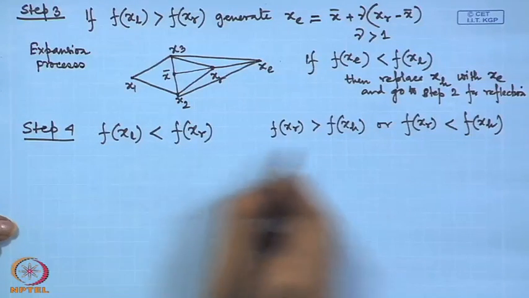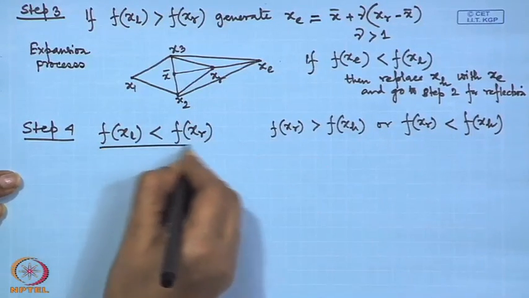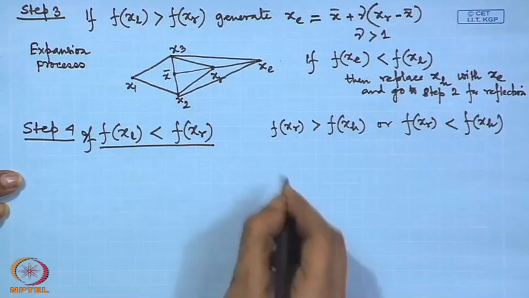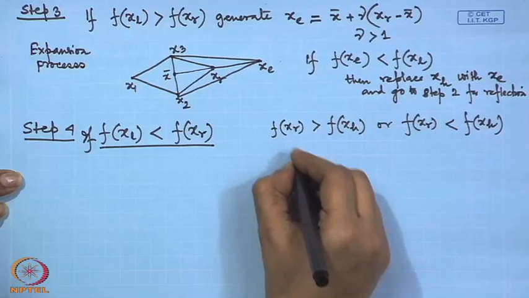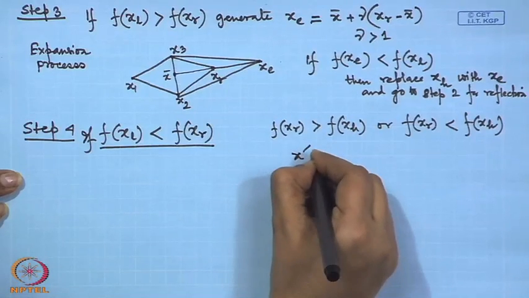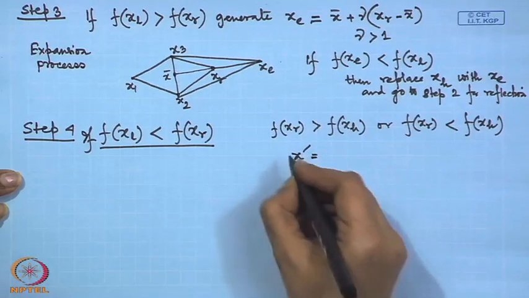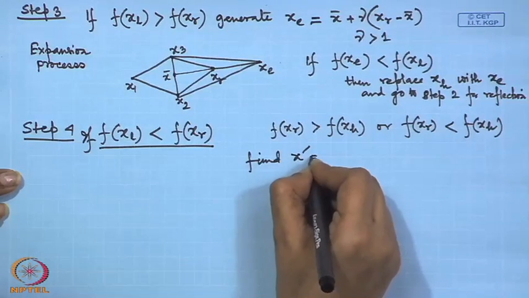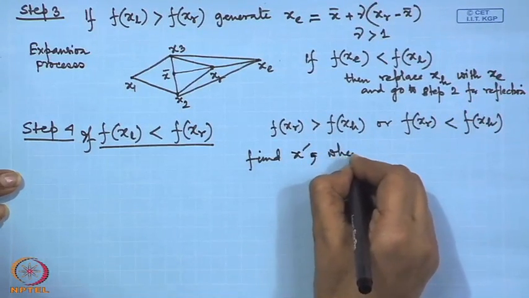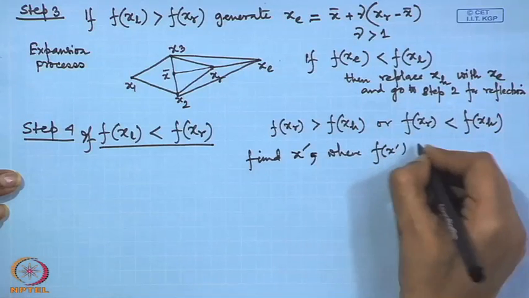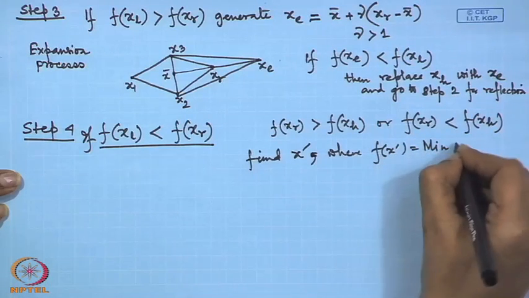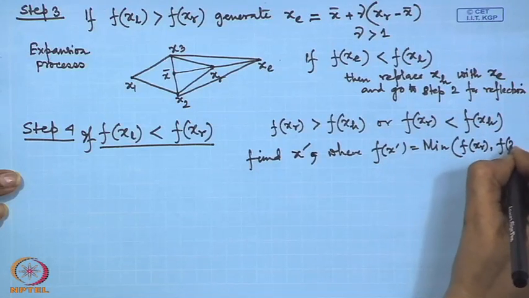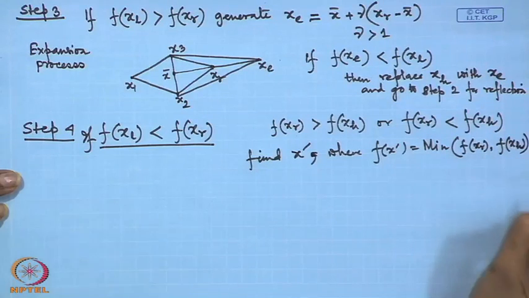Now, if this happens, in that case we will find out x star in such a way that f(x star) is the minimum of f(xr) and f(xh).